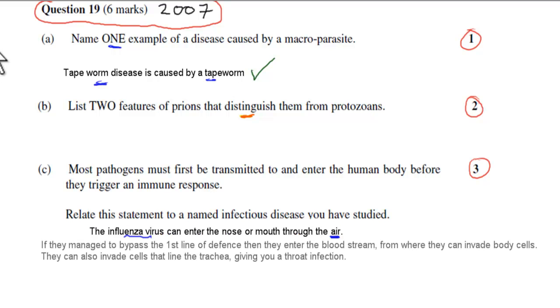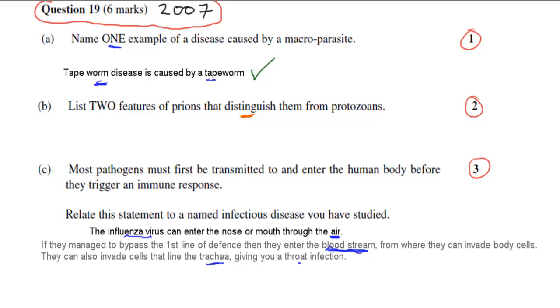Then I say, if they manage to bypass the first line of defense, they can enter the bloodstream, where they can invade body cells. They can also invade the cells of the trachea, giving you a throat infection, right? So these are 2 possible areas of entry. So now I've gotten 2 marks out of 3.